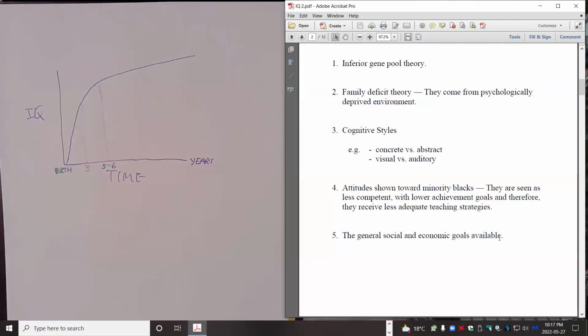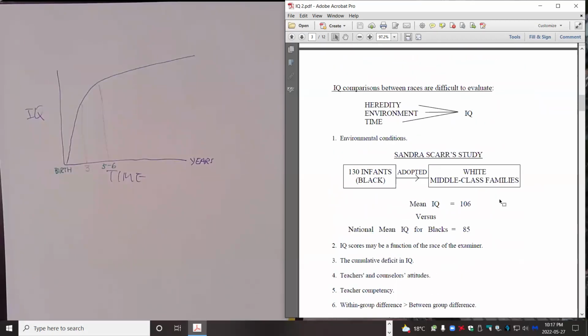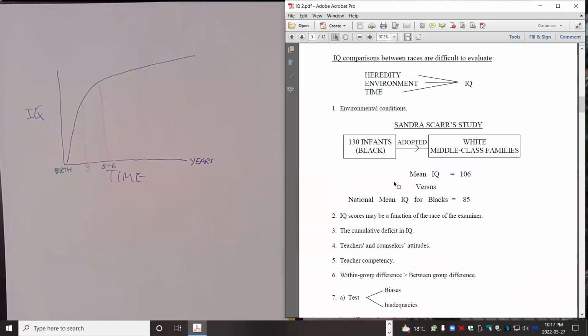And you probably could read about this even now. And the same situation happens right now. Okay. Now, but then IQ comparisons between races are very difficult to evaluate, as David Suzuki once mentioned. Why? Because heredity, environment, and time all have a strong impact on the development of IQ.